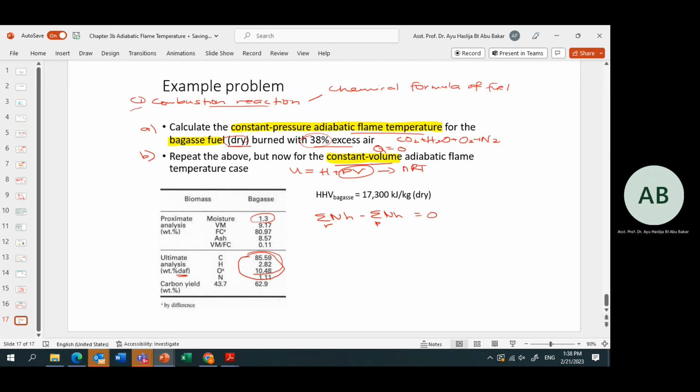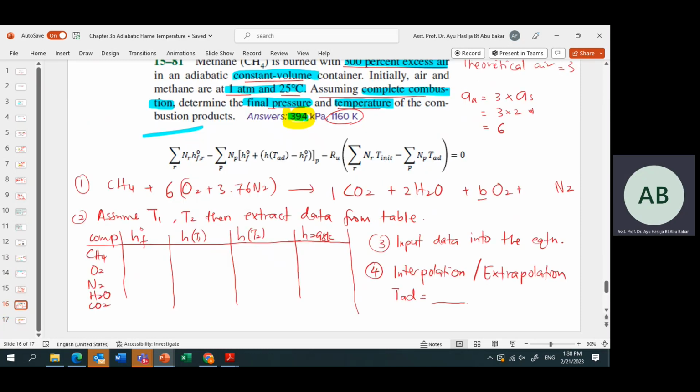Then second step would be extract the data. Okay, this kind of question will bring a lot of marks because you will need to start from the beginning to find out the chemical formula. Okay, I would advise you to try to do this example in your own time. As of now, let's finish up this one first. Try to find out what is the pressure.